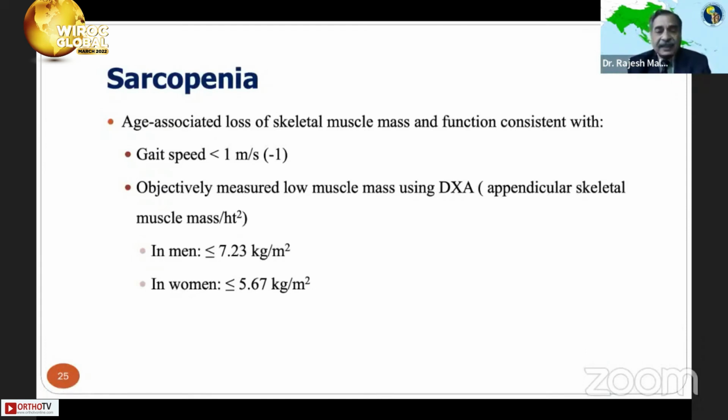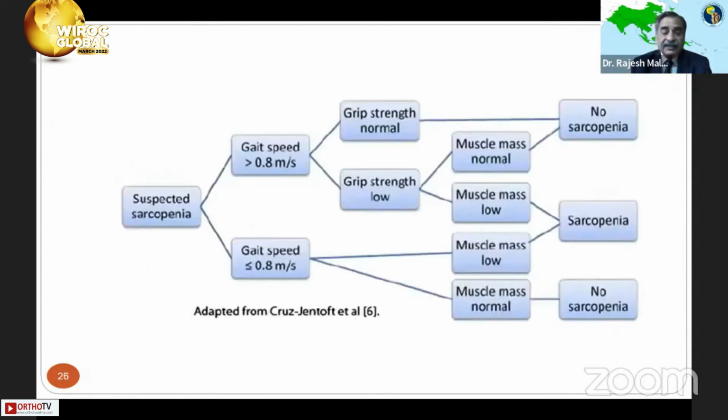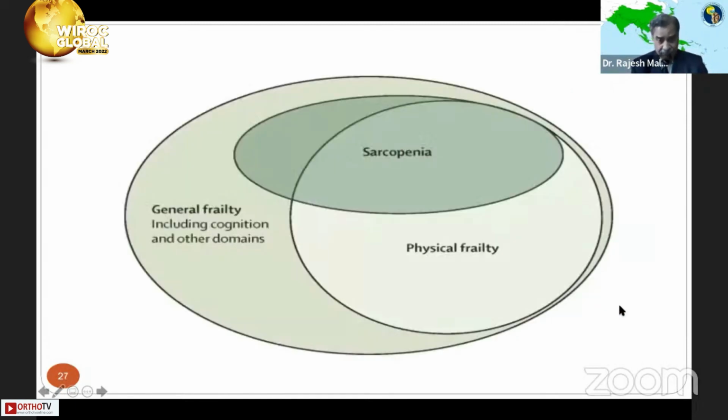And that is diagnosed by a gait speed less than 1 meter per second and objectively measured low muscle mass using DEXA. In men, it is less than 7.23 kilograms per meter squared, and in women, it is 5.67 kilograms per meter squared. You should suspect sarcopenia if somebody has normal gait speed but low grip strength or low muscle mass, or if somebody has a low gait speed, less than 0.8 meters per second, and low muscle mass, then he is sarcopenic.